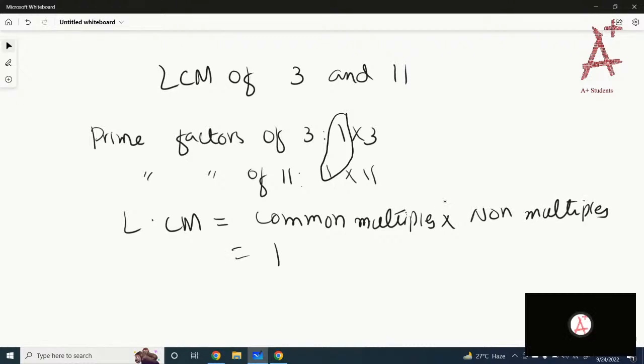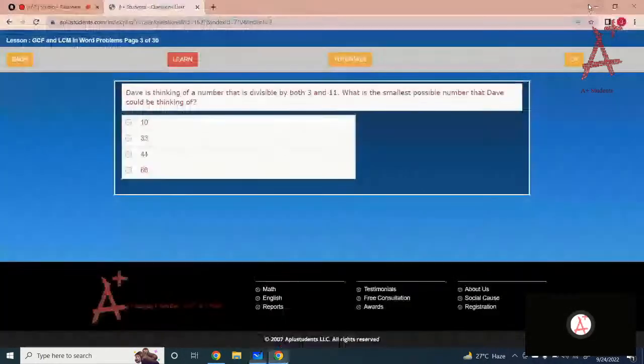So the common multiple is 1 and the non-common multiples are 3 times 11. So 11 times 3 is 33. That means the LCM of 3 and 11 is 33. So that means 33 is the number that is divisible by both 3 and 11.